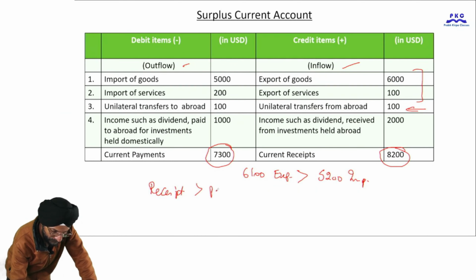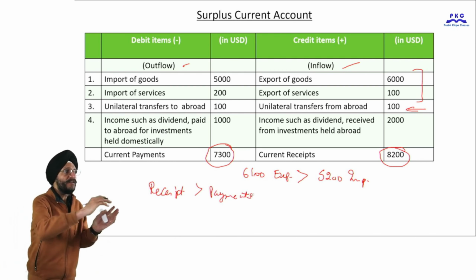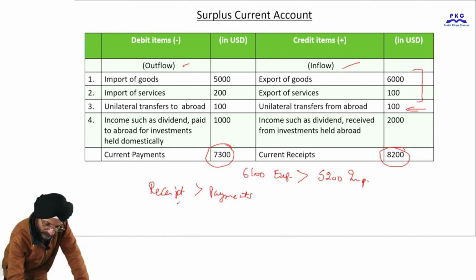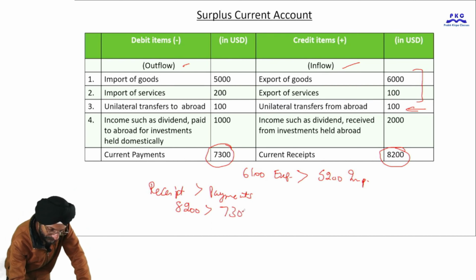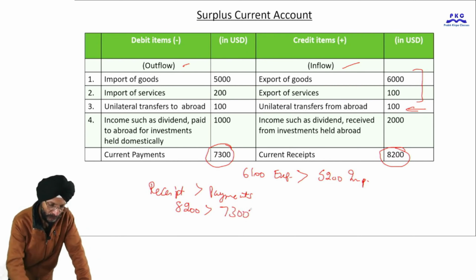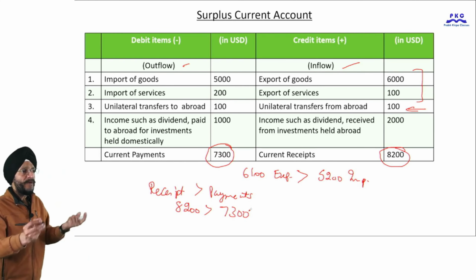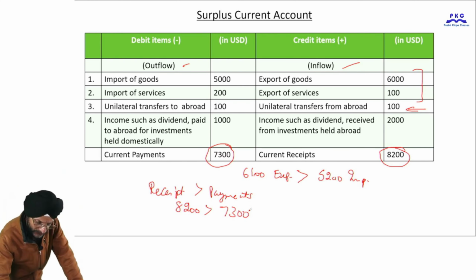That is, current receipts are more than payments. Receipts are more. That is, 8,200 is more than 7,300. So, what is the balance?